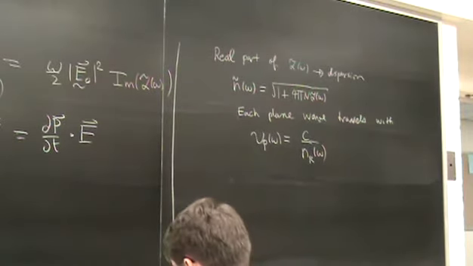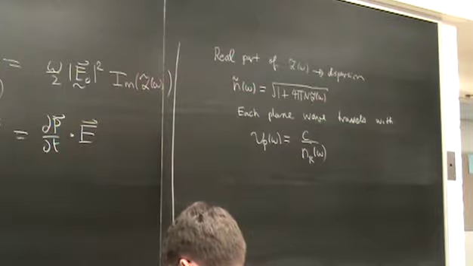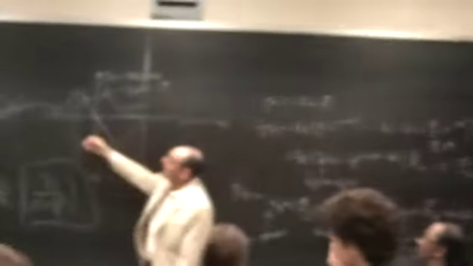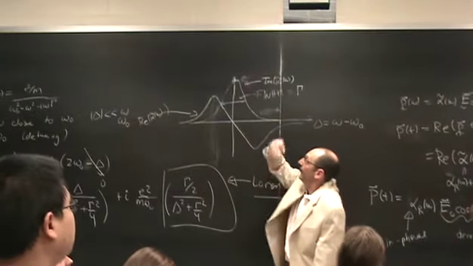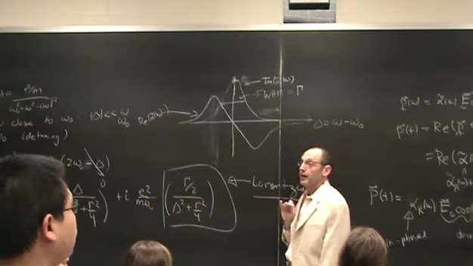So back to Lorentzian here, let's just quickly discuss. We just said here that the amount of absorption that we get of energy into the oscillator depends on the imaginary part of the response.